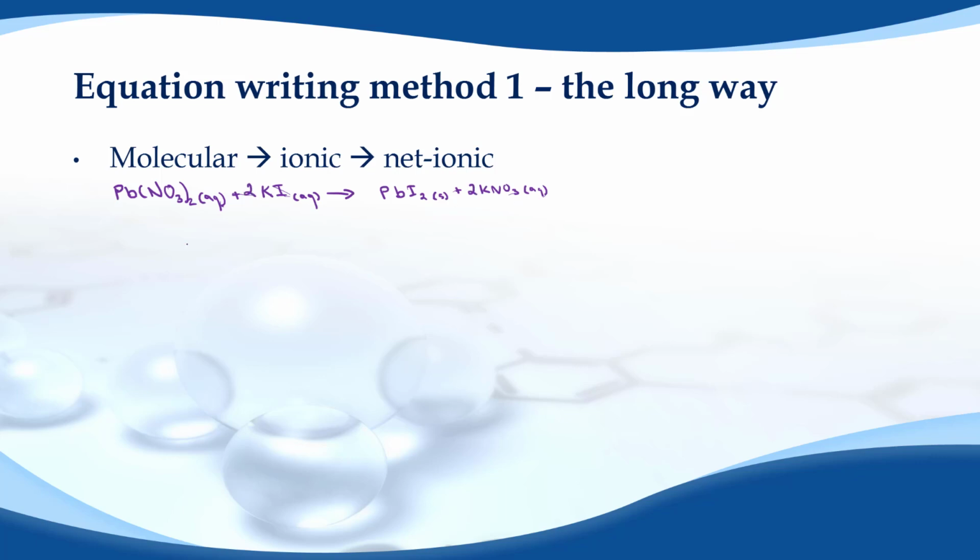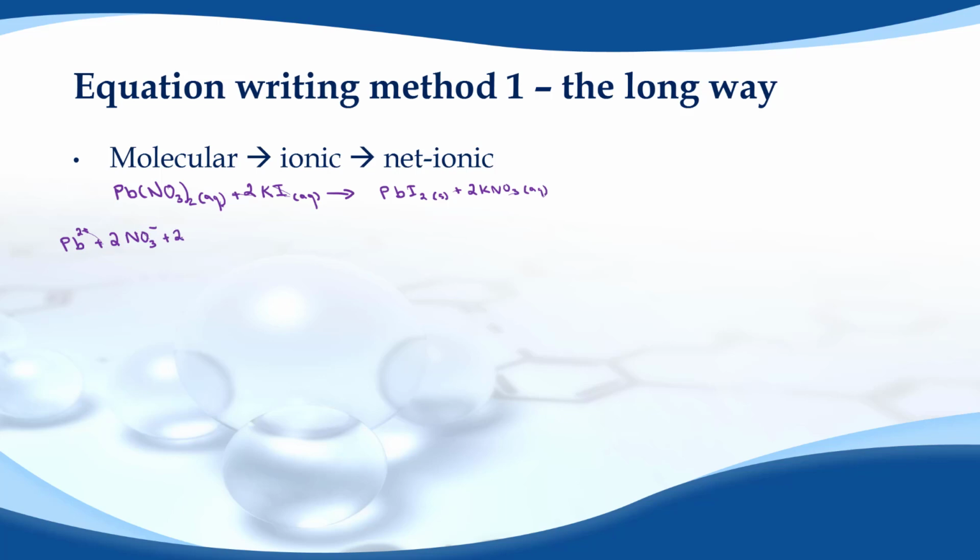And there's our molecular equation for the reaction between lead nitrate solution and potassium iodide. From here we break it up into our ionic. I'm not going to write states for ionic equations. You typically don't have to do it unless you're asked. So I'm just going to say Pb2+ plus 2 NO3-. I apologize for the lines here. I probably have to fix the liftoff distance for my little tablet.